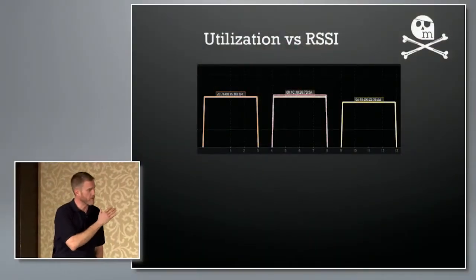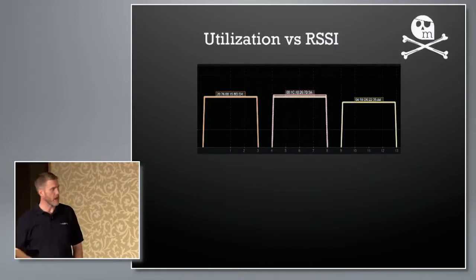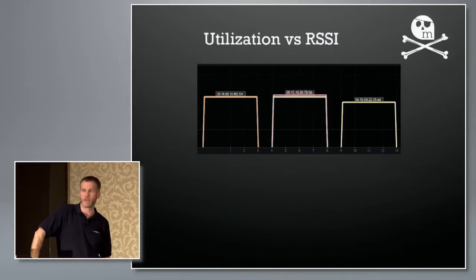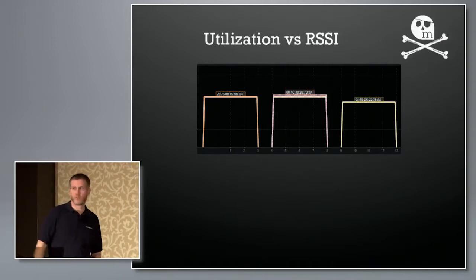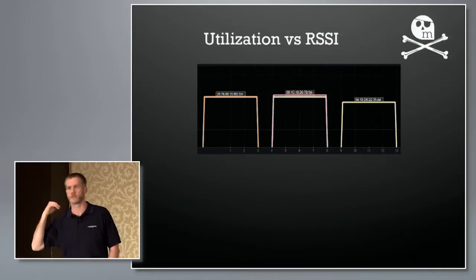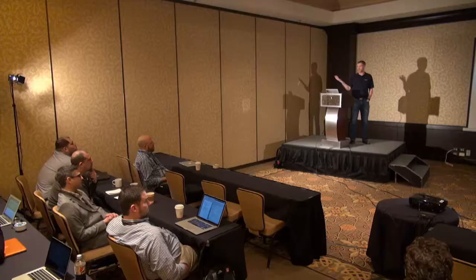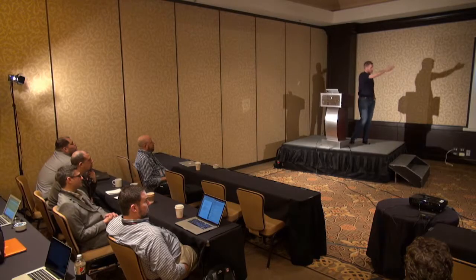They all have relatively the same RSSI, around negative 65 dBm. Of these, which one of them would you pick, if all you knew was RSSI? Everybody looks at RSSI. Which of the 3 would you pick? Doesn't really matter, right? It's perfect channel 1, 6, 11, no overlap. Everybody's happy that way. These are the only 3 networks on here.